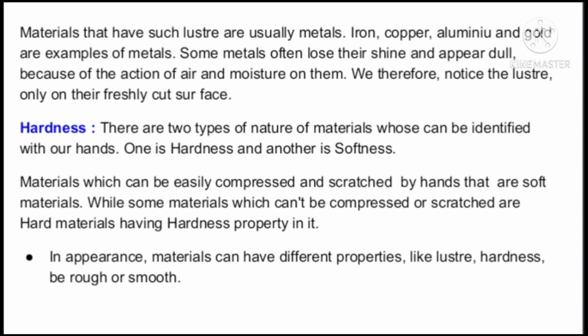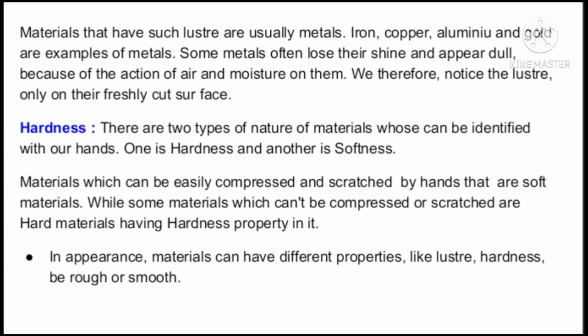Some metals often lose their shine and appear dull because of the action of air and moisture on them. Therefore, we notice the luster only on their freshly cut surface. And the next one is hardness. There are two types of nature of materials that can be identified with our hands: hardness and softness.